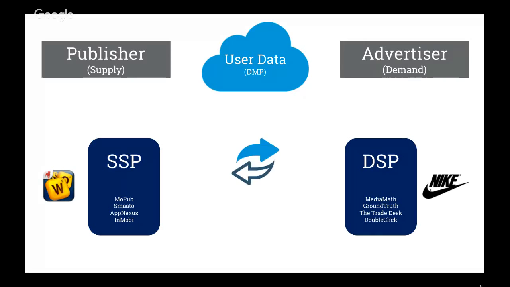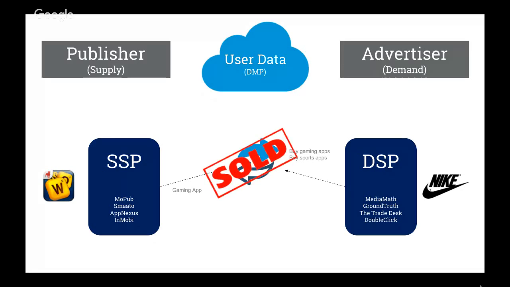So in the traditional setting that we just walked through, the Nike DSP would send a request saying, we're looking to buy gaming apps and sports apps because that is inventory and content that would align with our messaging and our product. The SSP would say, well, we happen to have a gaming app and that meets your demand. So great, we have now made a sale.